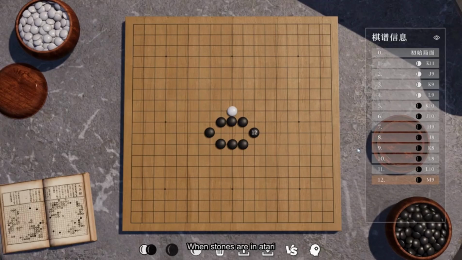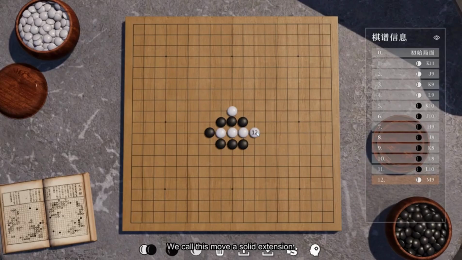When stones are in Atari, if you don't want your stones to be captured, you need to run the Atari stones out. So, at this point, we should play right next to the stone that is in Atari, at the position of the last liberty.